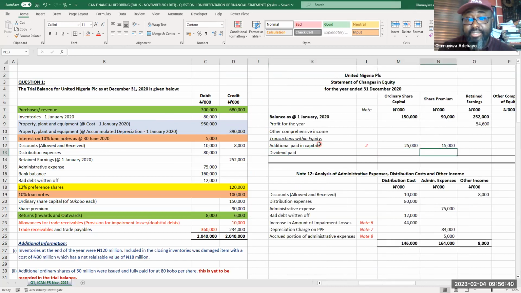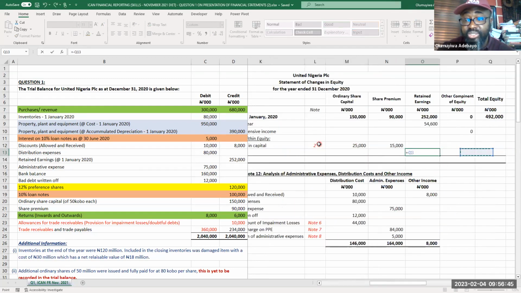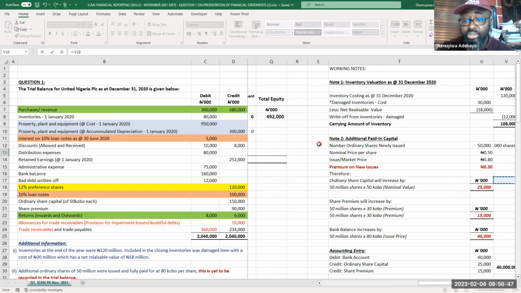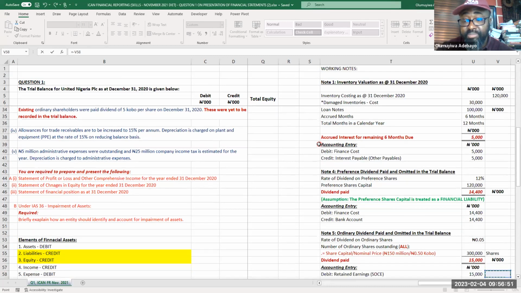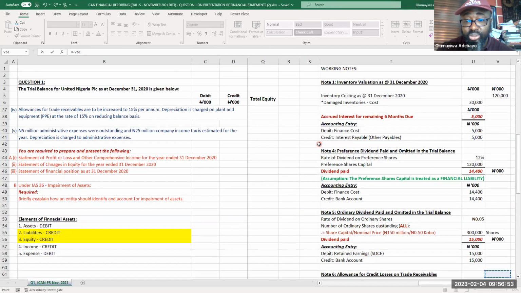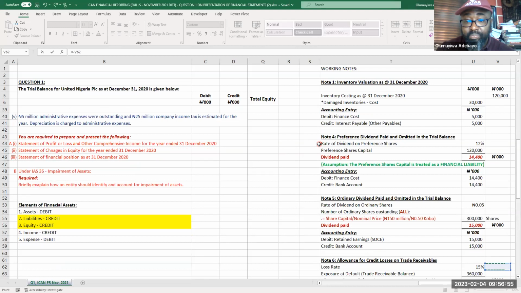Okay, dividend. Remember, it's only ordinary dividend that we are considering here because preference has been treated as finance cost. But we are going to do the second module where we treat preference dividend also as distribution. And where is it? Yeah, 15.